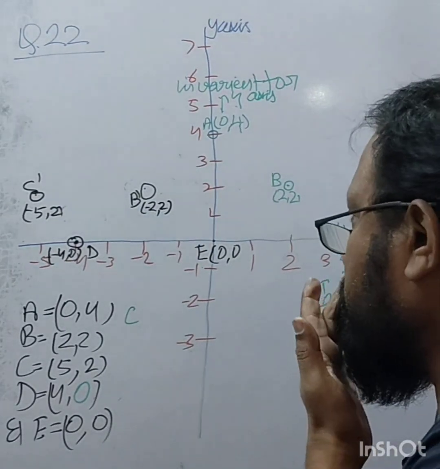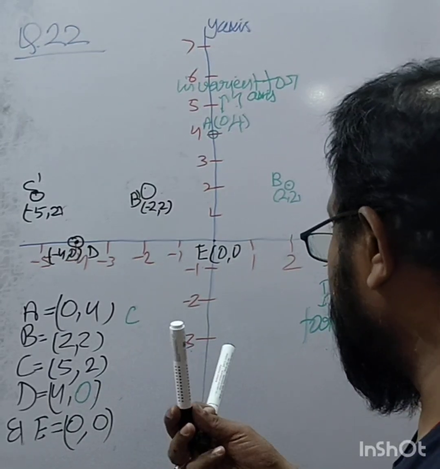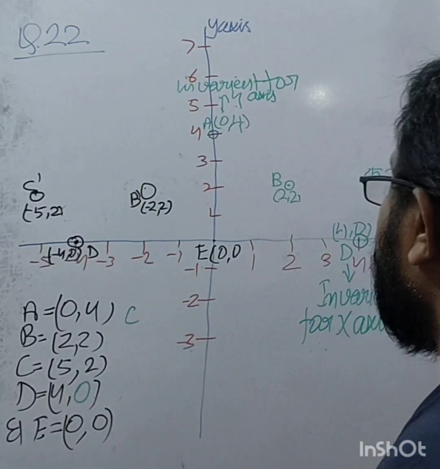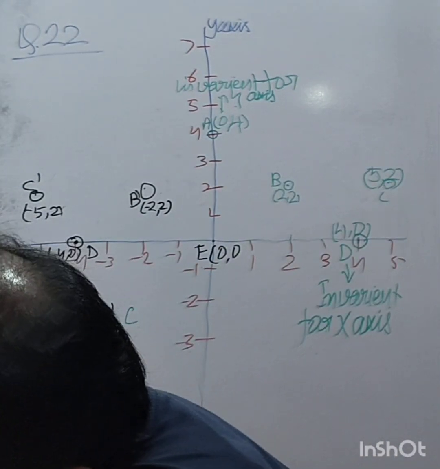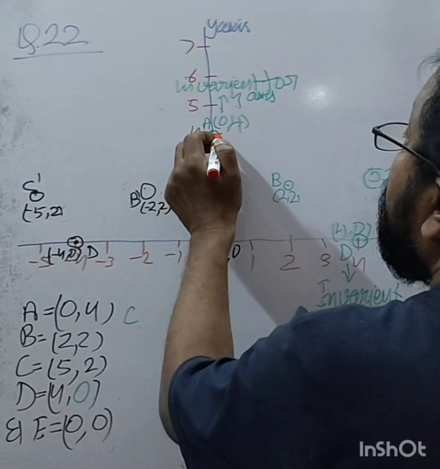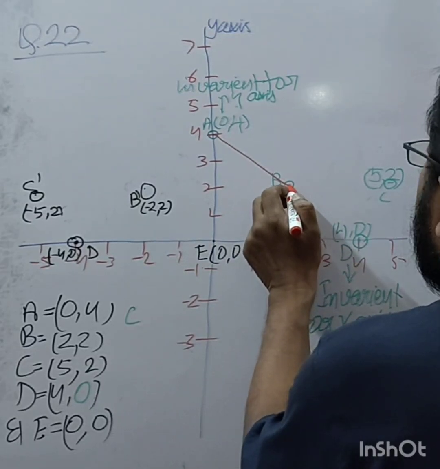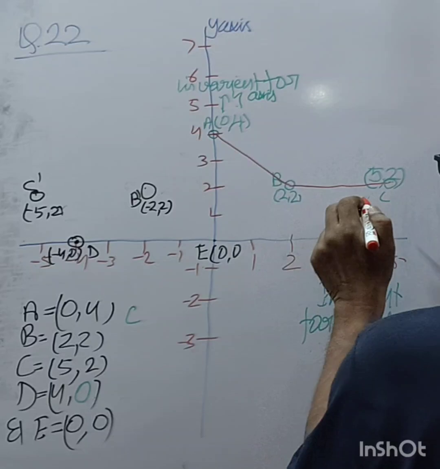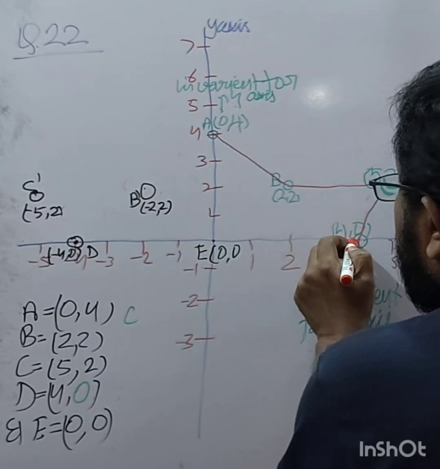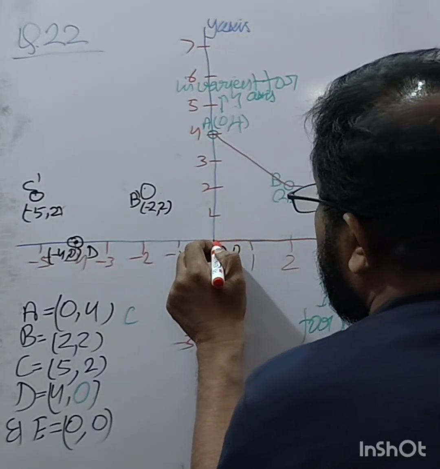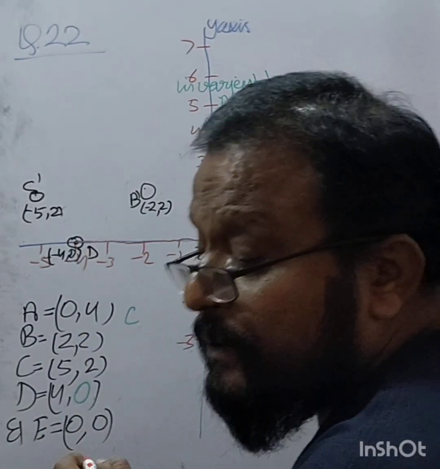Okay, now what we have to do? Join in order A, B, C, D, D dash, B dash, C dash, A. First we have to go A, B, C, D. A to B, B to C, C to D, D to D dash, D dash to B dash.